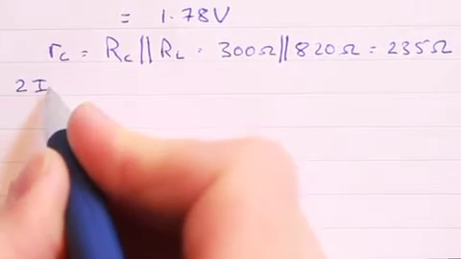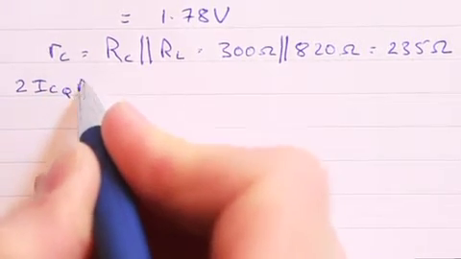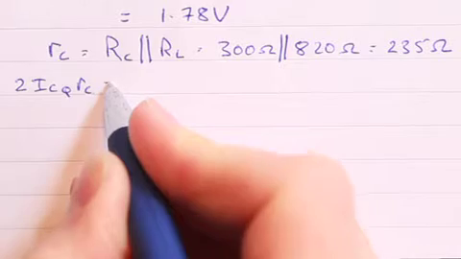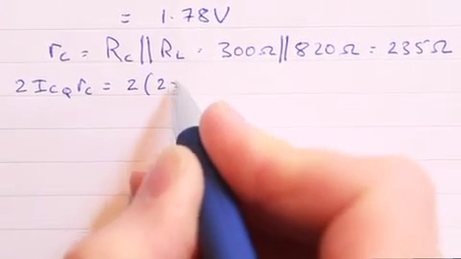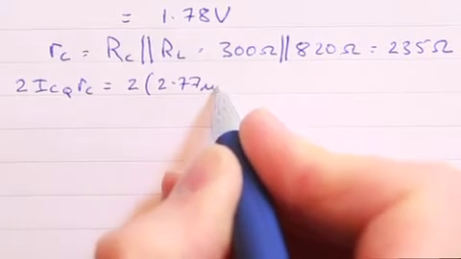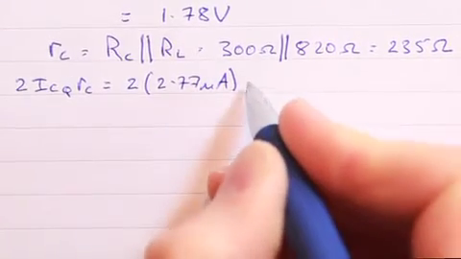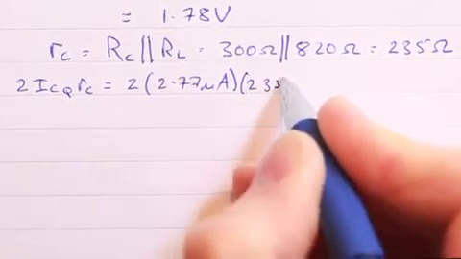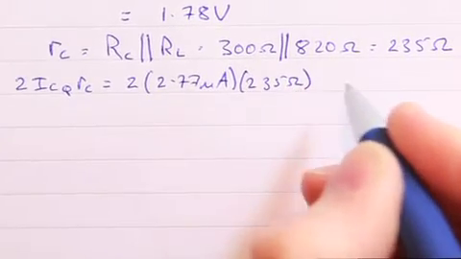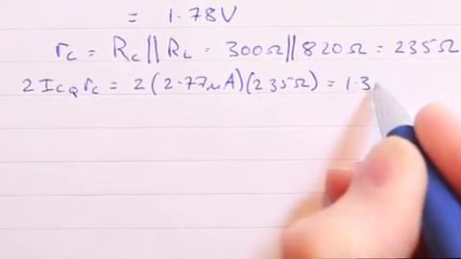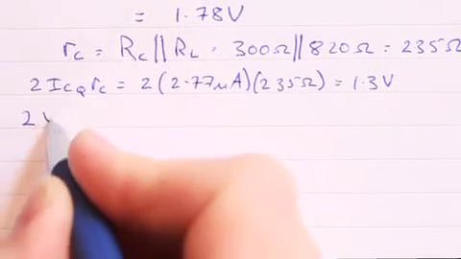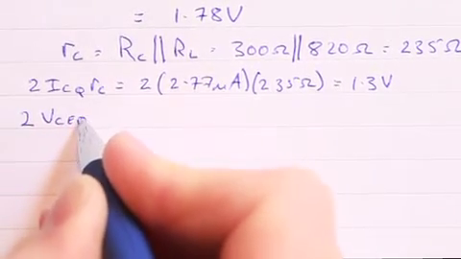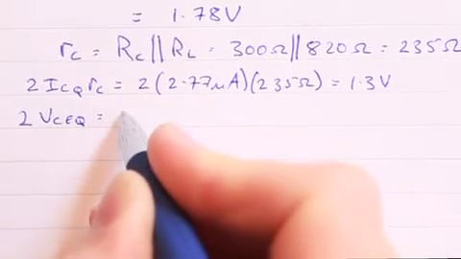With respect to the quiescent collector current, the output compliance is equal to twice the quiescent collector current multiplied by the AC resistance in the collector circuit. With respect to the quiescent collector-emitter voltage, the output compliance is twice the quiescent point value of VCE.